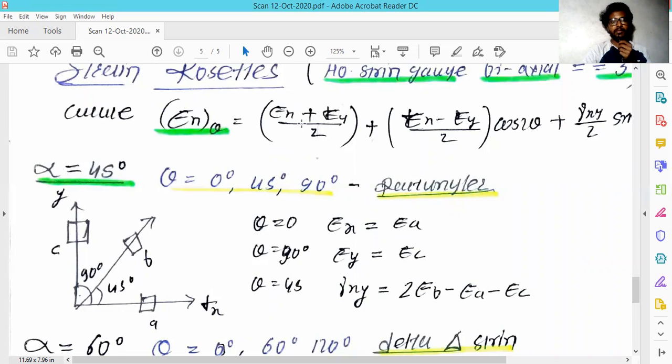So if you put the theta value in the first equation, sine 0 will be 0, and cos 0 will be 1.